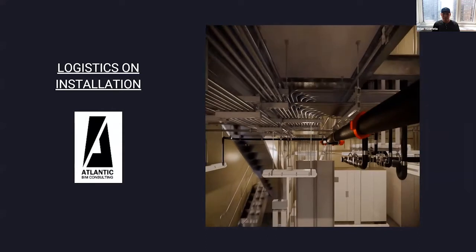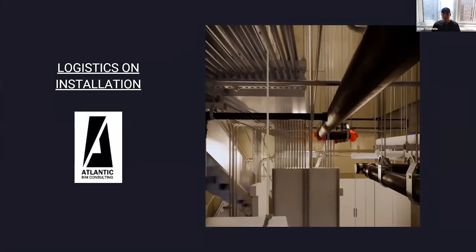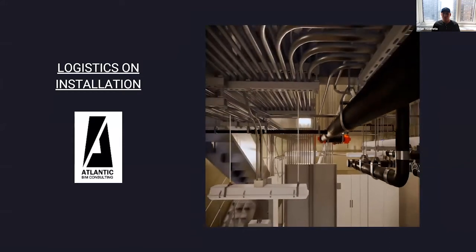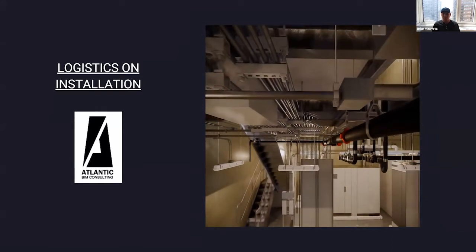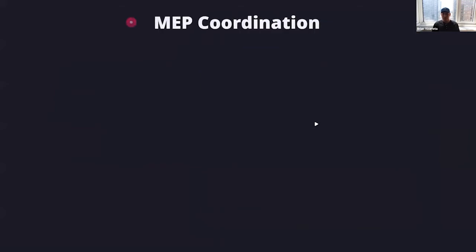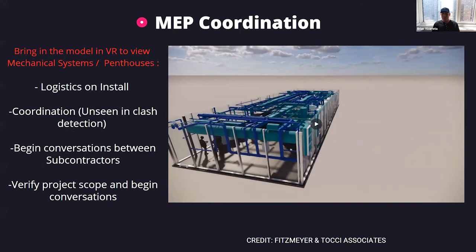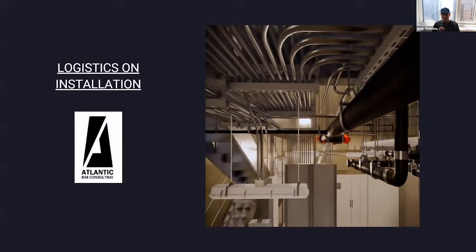Here is a video example of what you can expect quality wise when it comes to logistics. This company is Atlantic BIM Consulting, that was able to provide me with these videos. And actually previously that was Fitzmyer and Tachi Associates. I got that video from online.